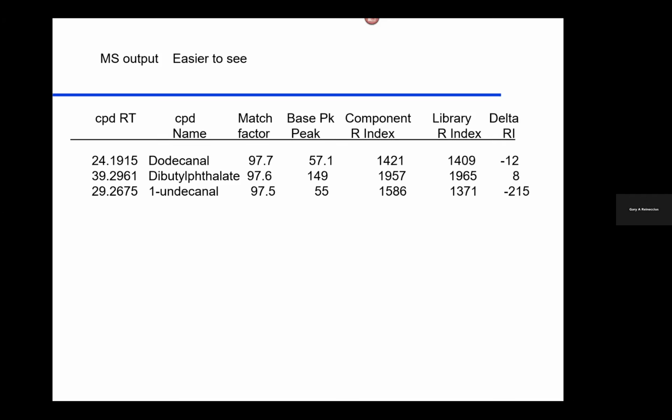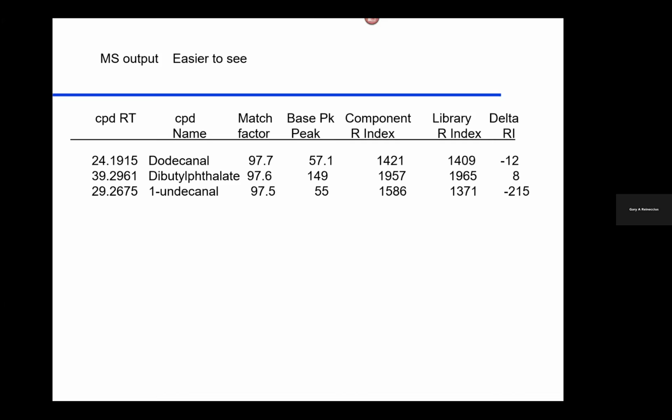It then says how good its guess is, and that's the next one, a match factor. So how good is this profile of bits and pieces, the masses that it blew the compound into, how good is that match of your sample to the reference, to a standard? It can go to a maximum of 100% match.